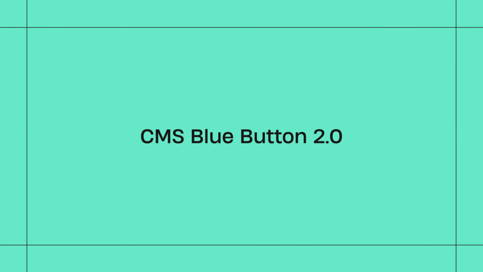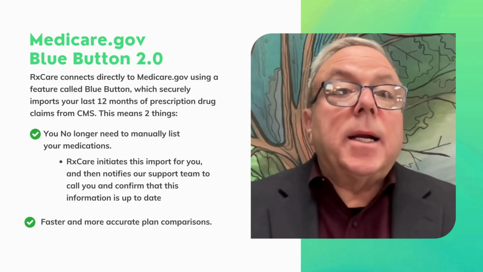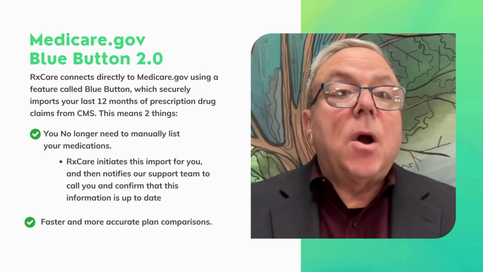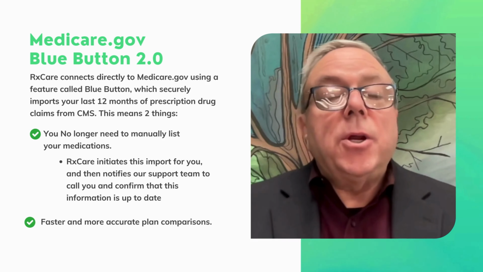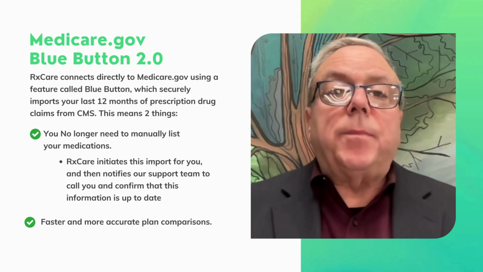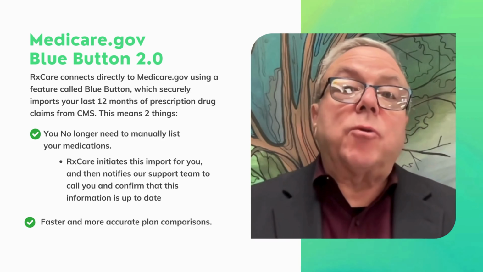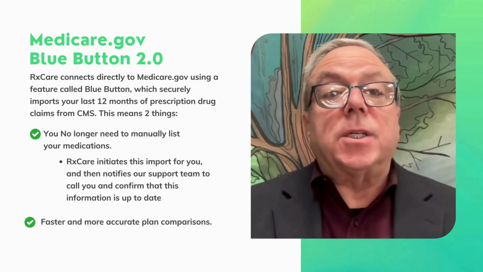Step 3, Connecting RxCare to Medicare.gov. RxCare connects directly to Medicare.gov using a feature called Blue Button, which securely imports your last 12 months of prescription drug claims from CMS, the Center for Medicare and Medicaid Services.